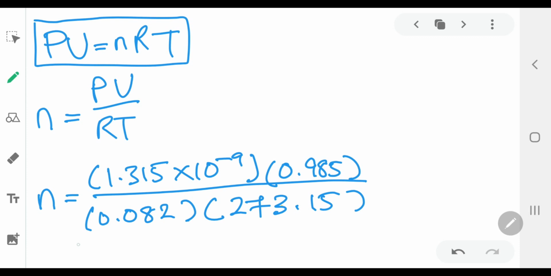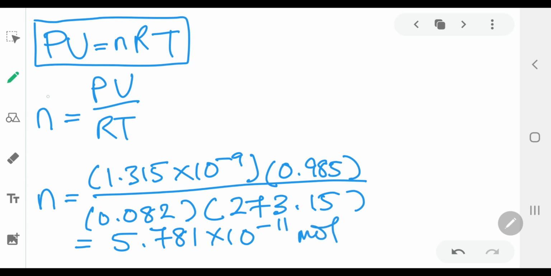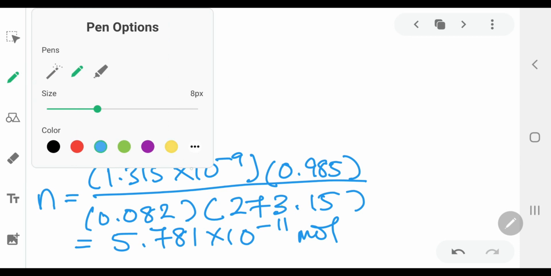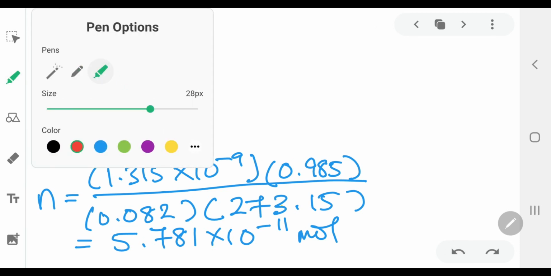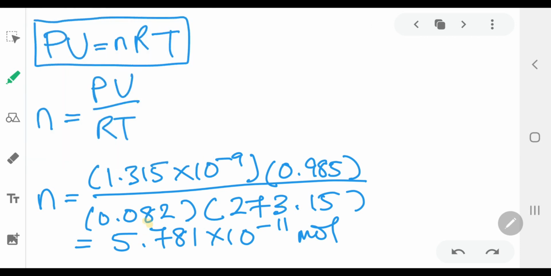So you should be getting somewhere around 5.781 times 10 to the power of negative 11 moles. This is the number of mole that we have found.